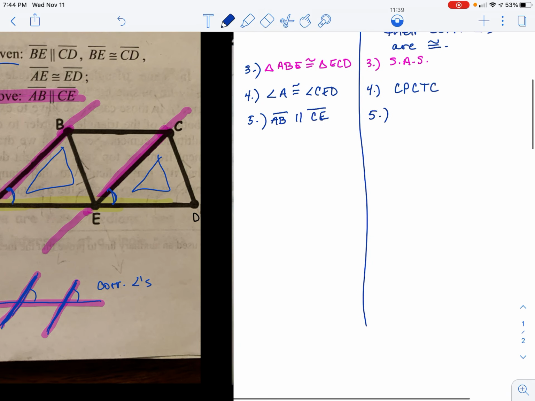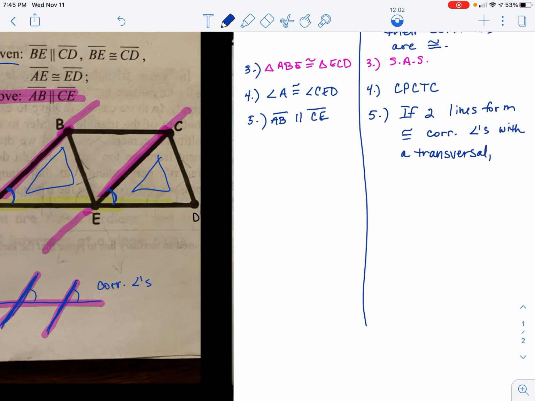So how do I write my reason here? Well, we're going to say if two lines form congruent corresponding angles with a transversal.